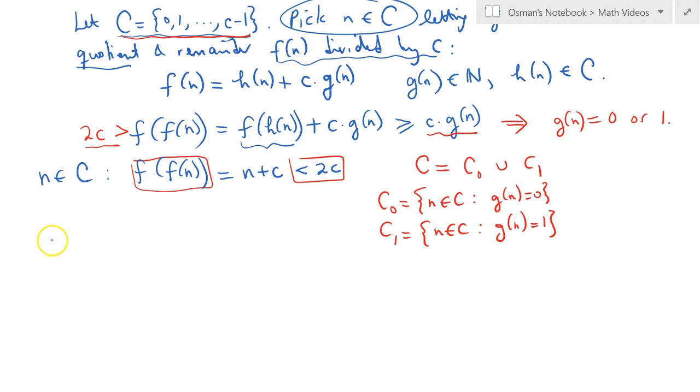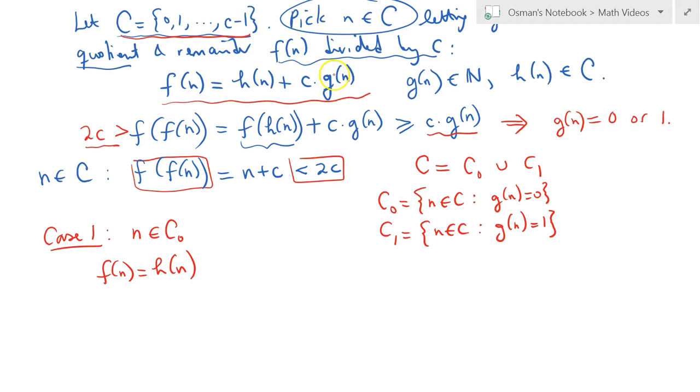So case 1, n is in C sub 0, then in this case, f of n is simply equal to h of n, right? Because g of n becomes 0, so in this main expression, g of n vanishes and we have f of n equals h of n.